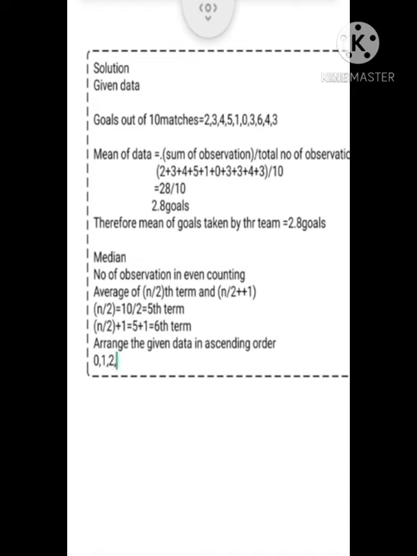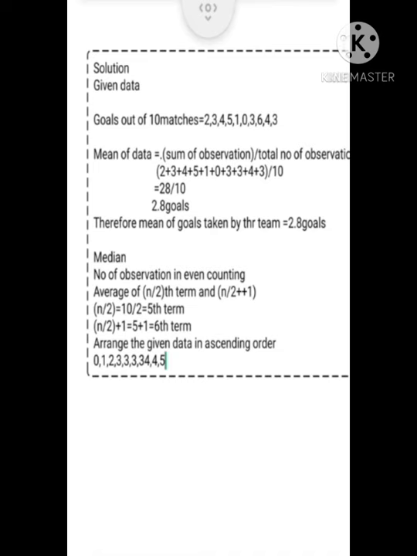How many times does 3 appear? 1, 2, 3, 4 times it appears. So 3, 3, 3, 3. Totally 7 data so far. Remaining: 4 appears 2 times, 4, 4, and only 1 time 5. So totally 0, 1, 2, 3, 3, 3, 3, 4, 4, 5. So we have written the 10 observations in ascending order.